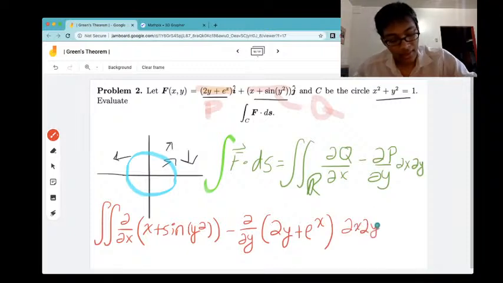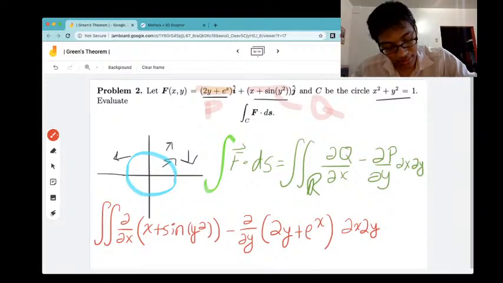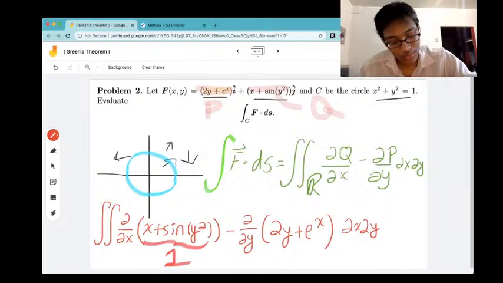Okay. Now it's just a matter of really chugging through this. Partial x of that is just going to be 1. So all of this is just going to condense down to 1. This is going to become what? 2. So this will just become 2.